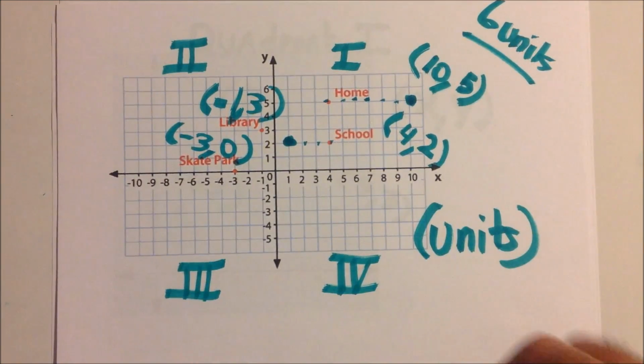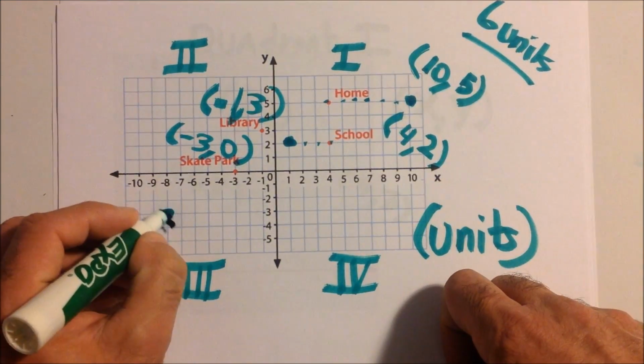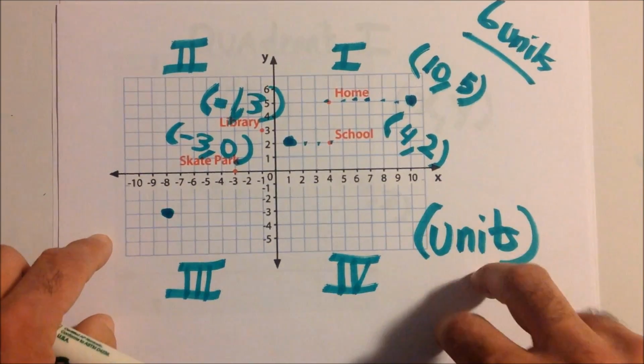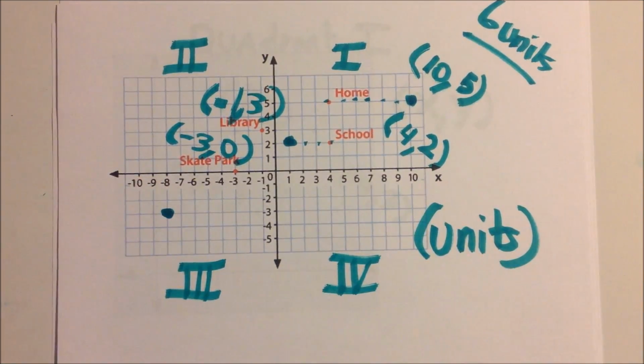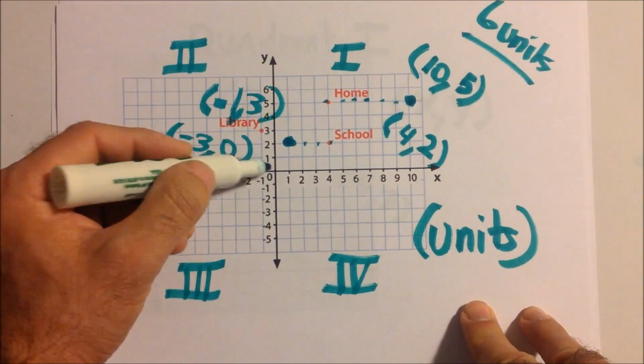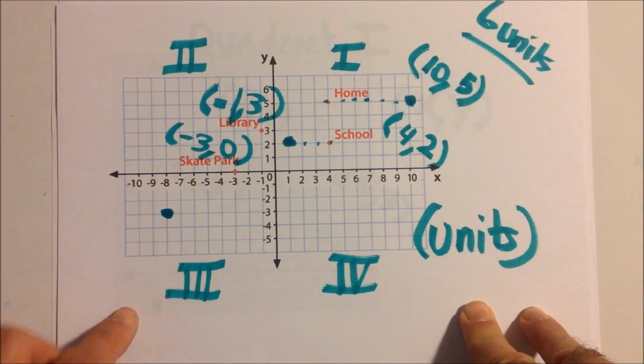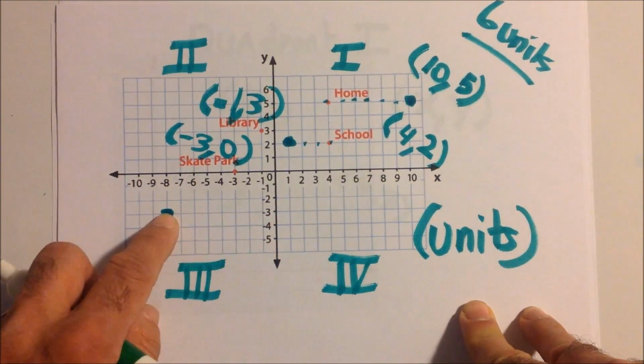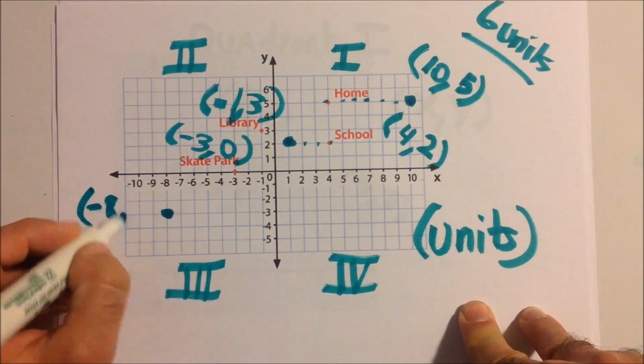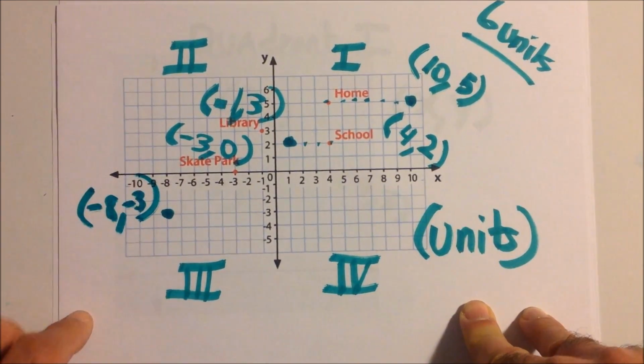Okay, let's do one more. I just made a dot there. What are the ordered pairs for that dot? Well, on the x, it's at negative 8. And for the y, it's at negative 3. Negative 8, negative 3.